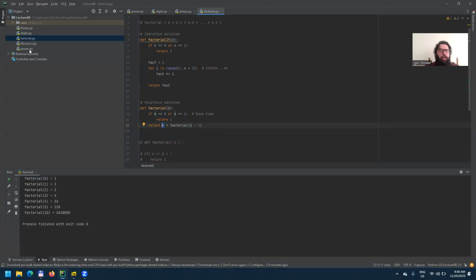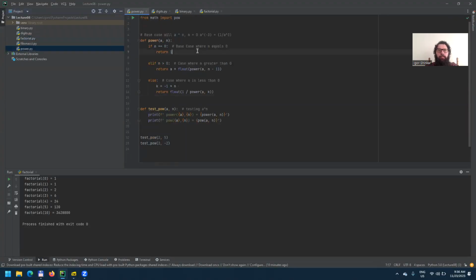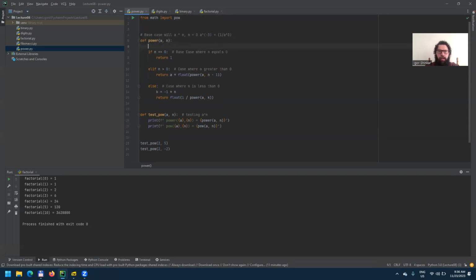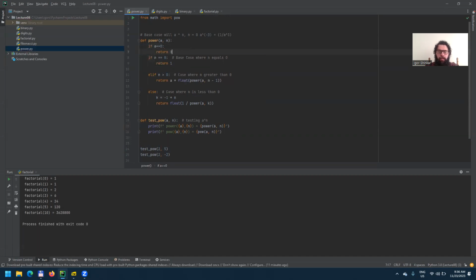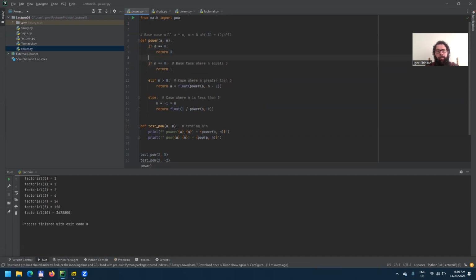Okay, let's see if I have this. Yeah, I have this example here. In fact, I made this example a bit more complicated. So here is what we're doing.